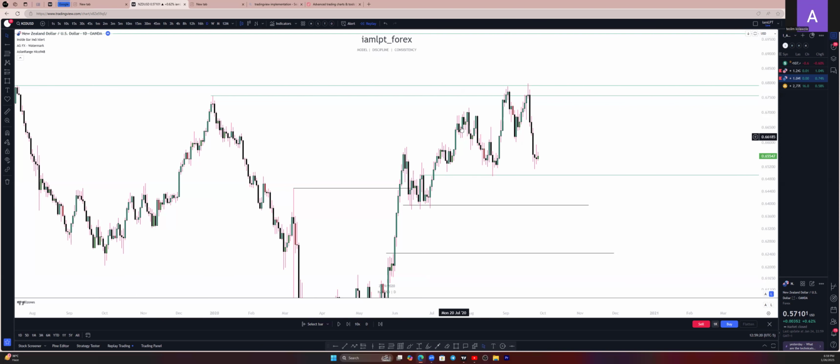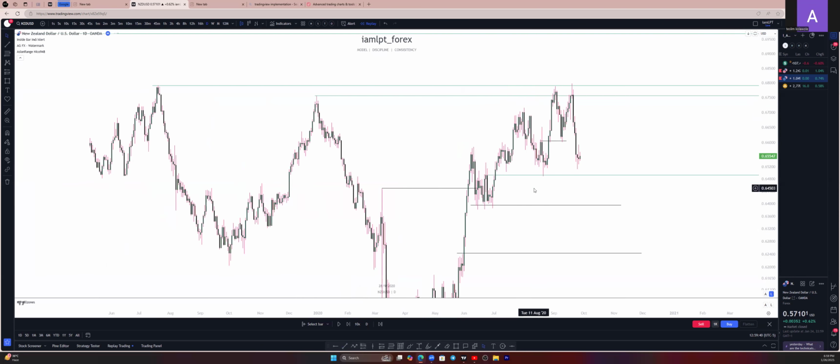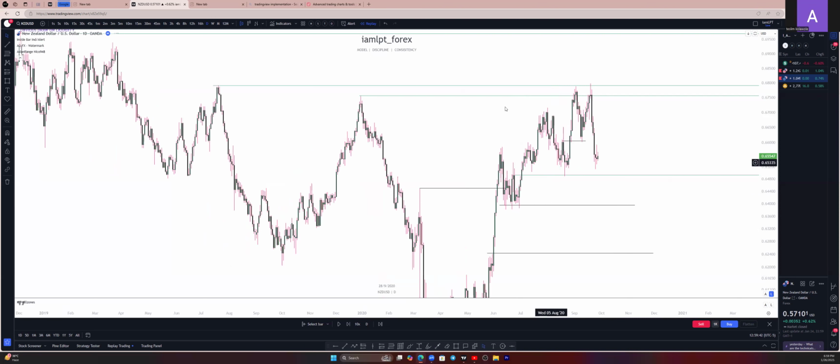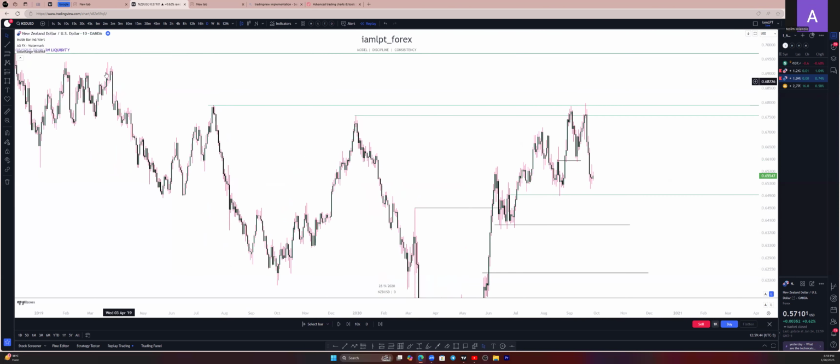So I can go here and see this low to the mitigation block, market expanded, the market returned back to this another mitigation block, breaker block this time, to take the what? The next liquidity. And after that, we've seen this market expand down again. So we shall know that we are coming for this particular high.